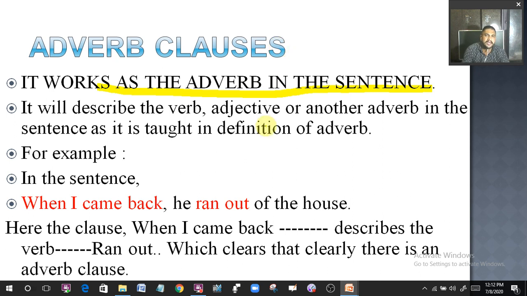Many other videos are there to help you learn complex sentences in a better way. Complex sentences are a big deal when we talk about speaking, and when we talk about writing too. The difference between writing and speaking is only that one is the informal way, one is the formal way.